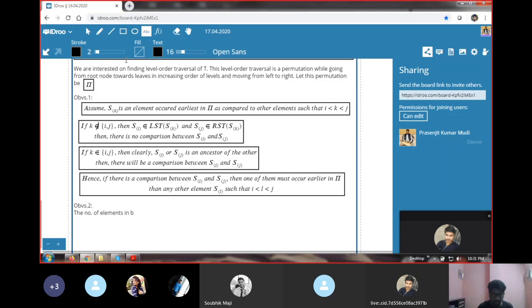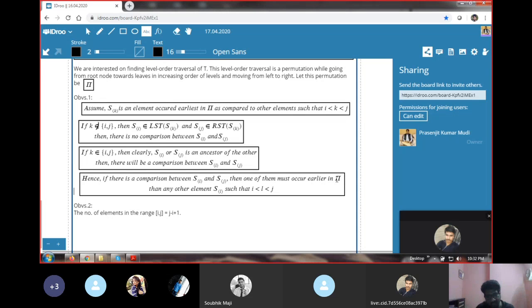elements in the range i to j is equal to j minus i plus 1, right? So I mean here either si will be occurring earlier in pi or sj will be occurring earlier in pi.